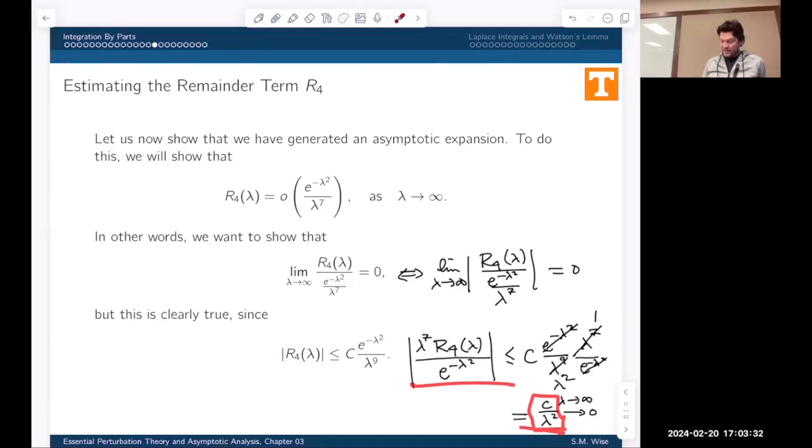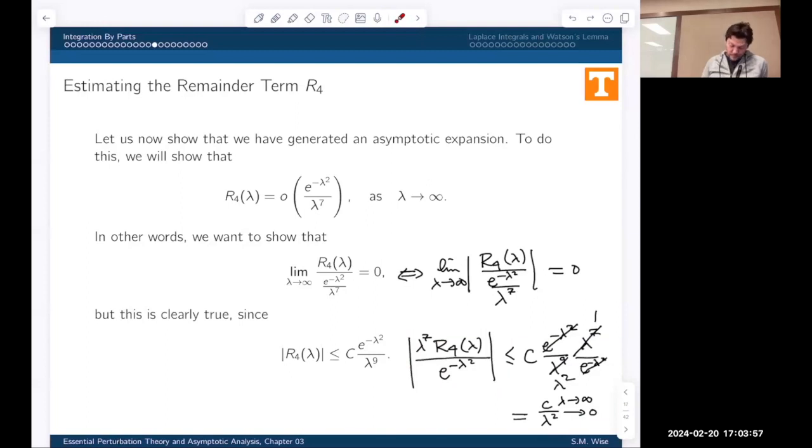This function is bigger than that. That's what greater than or equals means. That function is going to 0, and it beats this function. Right? So this guy, of course, is greater than or equal to 0. So squeeze theorem means it gets squeezed between 0 and 0.